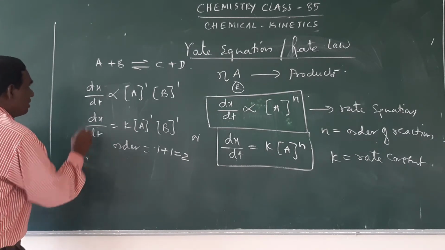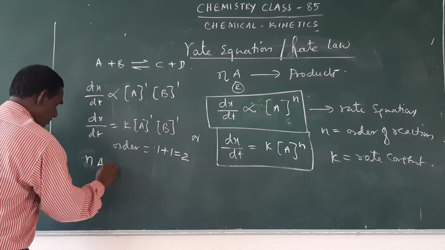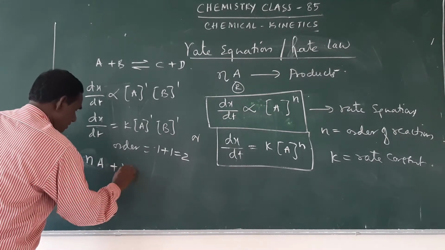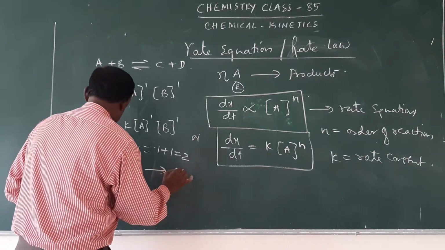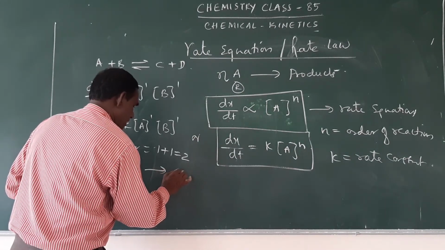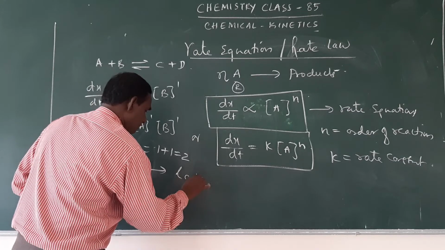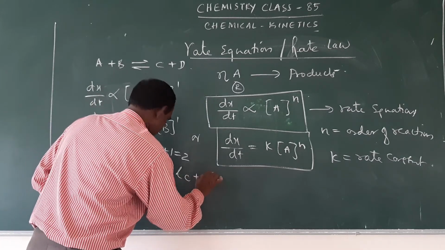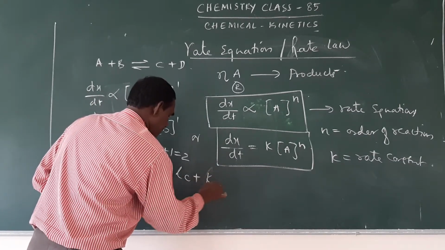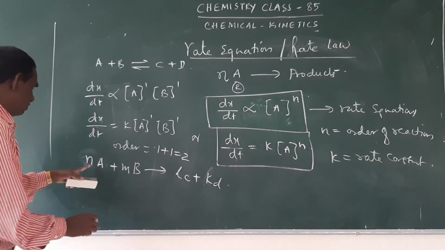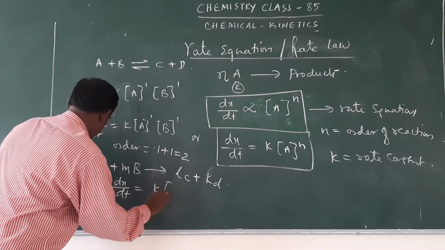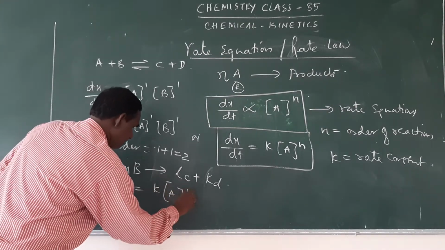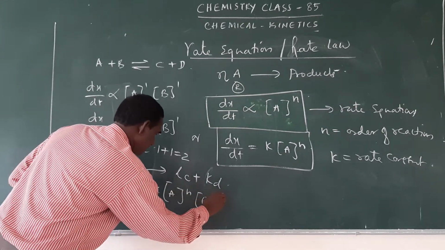For example, n times A plus m times B gives rise to L times C and so on. Then dx by dt is equal to K into A to the power of n and B to the power of m.